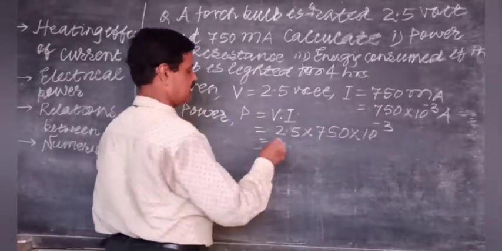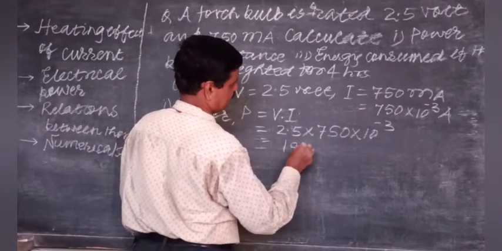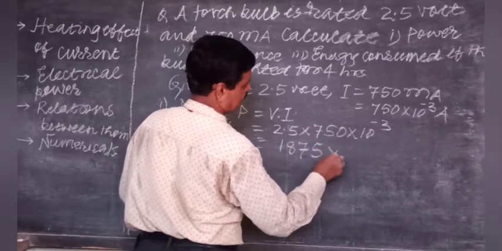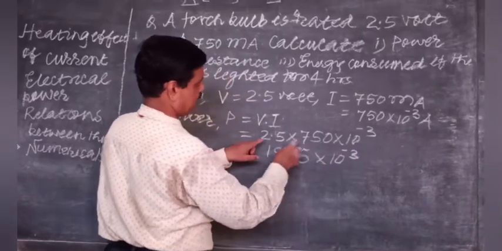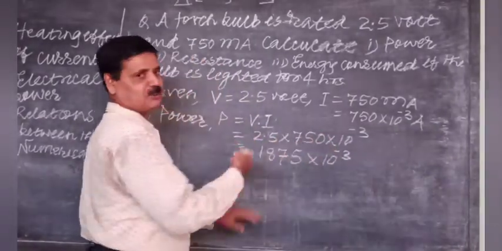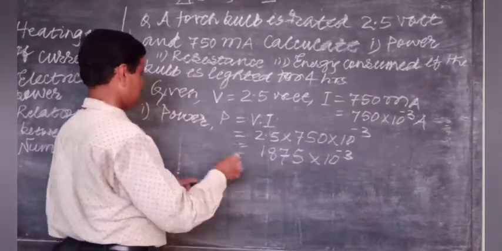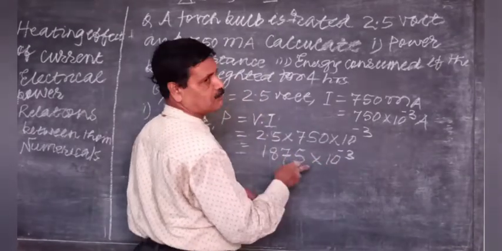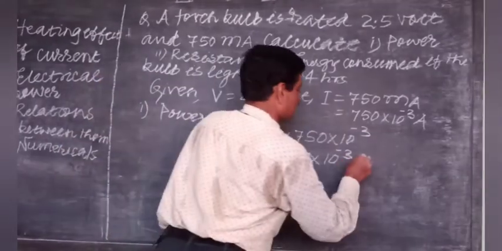So we can write 1.875 into 10 to the power minus 3. There should be no confusion. This by 10, 0 cancel. 75 into 25, this product must be this. So this is the value of power. What is its unit? Watt.